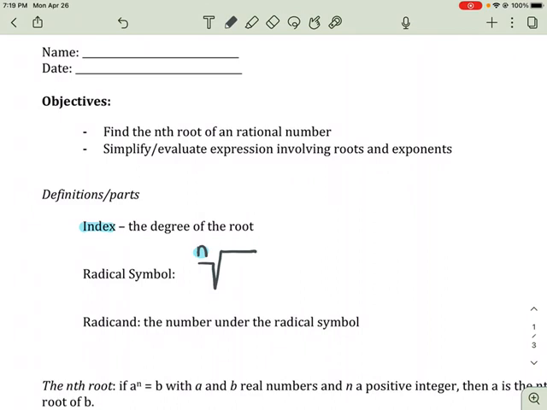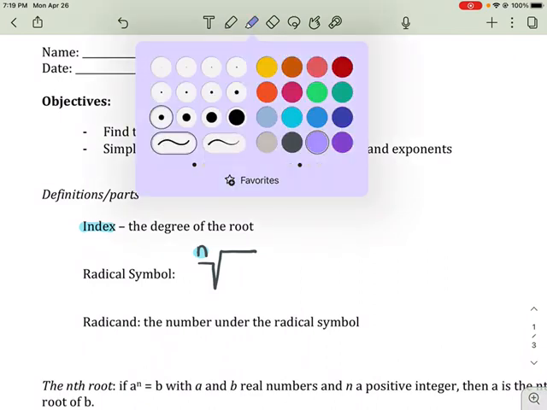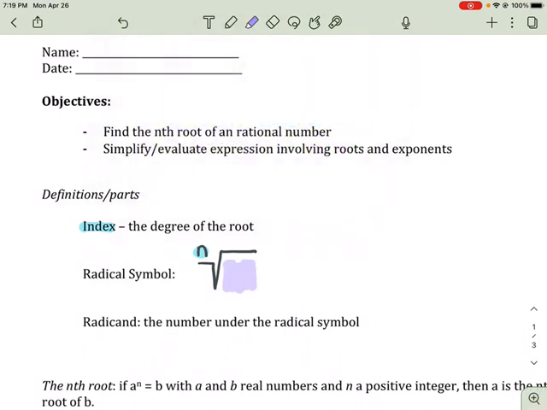Now, if there's no index, it's assumed to be square root. And the radicand is the number underneath the radical symbol. So that's this right here. That radicand can be nice perfect squares or perfect cubes, and variables and exponents, fractions and decimals. So it pretty much can be anything underneath the radical sign.